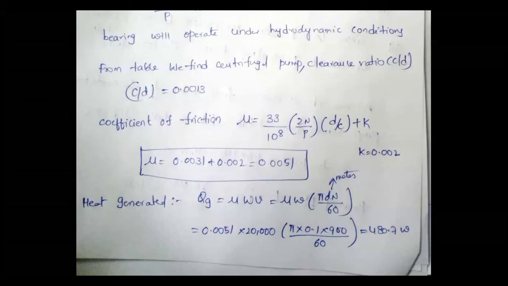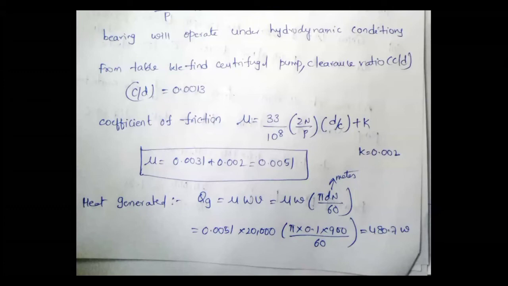Now calculate the amount of heat generated, Qg, by the direct formula mu into W into V. That is 480.7 watts. Your answer will be 480.7 watts.